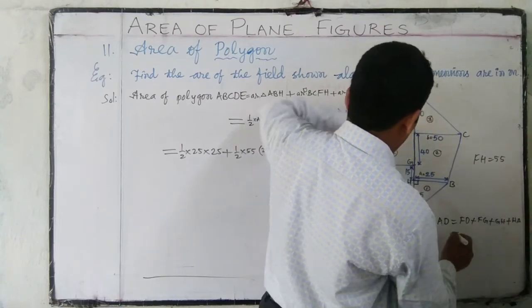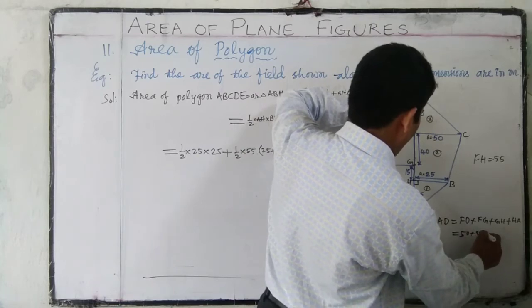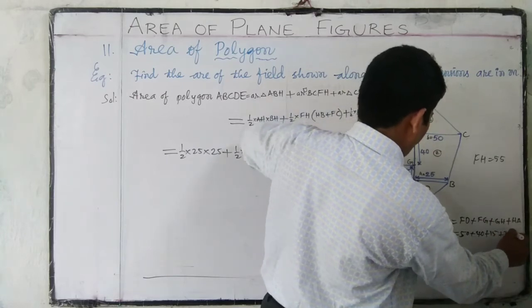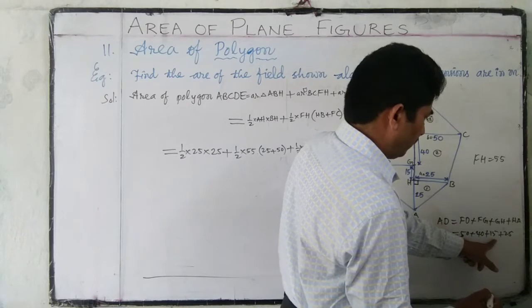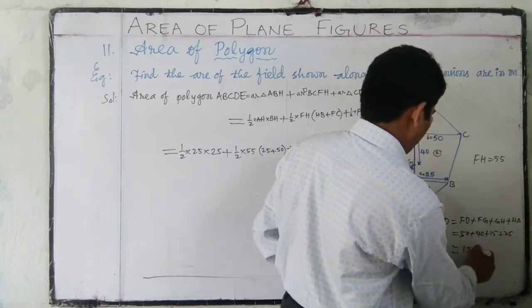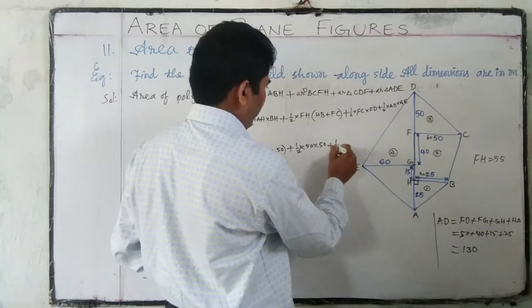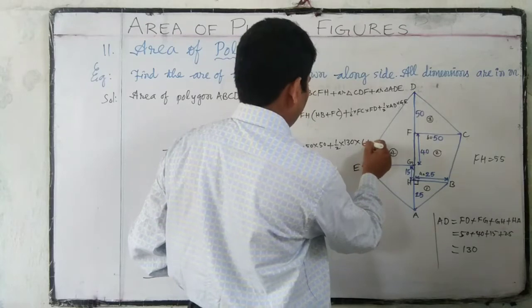This total we have to add: 50, 40, 15, 25. That is 130, AD is 130, half into 130 into height 60.